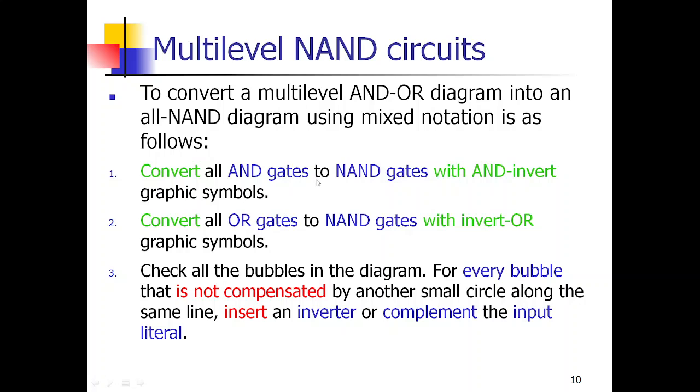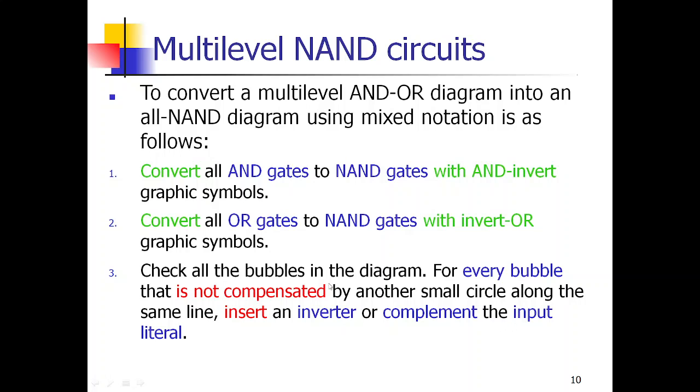And convert all the OR gates to NAND gates with the invert OR graphic symbol. If you have an OR gate in the circuit, then that OR gate can be converted to a NAND gate with the help of the invert OR graphic symbol. And after drawing that symbol, we have to check all the bubbles in the diagram. For every bubble that is not compensated by another small circle along the same line, insert an inverter or complement the input literal.